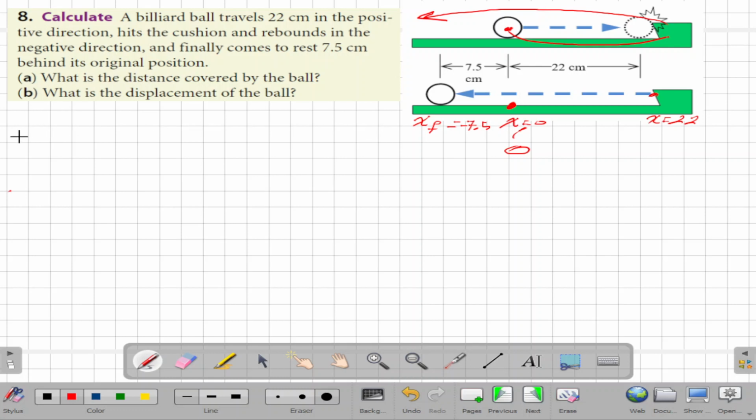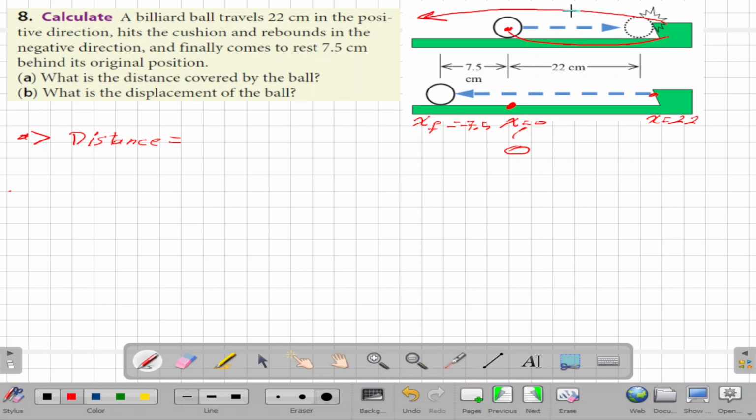Okay, part A, what is the distance covered by the ball? Recall that the distance is the total length of travel. So we need to add all the lengths here. We have 22 in the positive direction.